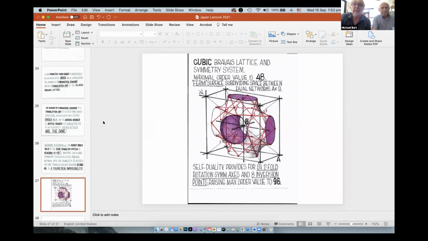Cubic Bravais lattice and symmetry system. Maximal order value is 48. It evokes the Fermi surfaces, but I will not go into that. But here you see on this surface 8 inversion points and 24 twofold rotation symmetry axes.